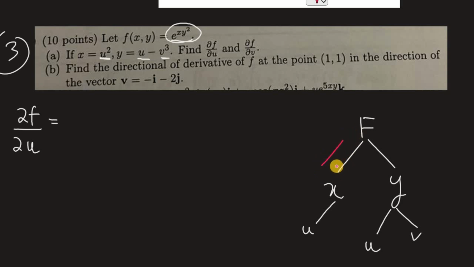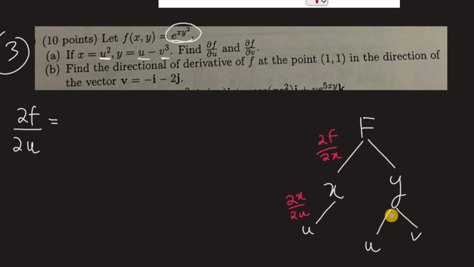We're going to write the partial derivative of f with respect to x in this branch. This top function goes at the top and this bottom function goes at the bottom. Similarly over here, this top function goes at the top and this bottom goes at the bottom. So the partial derivative of f with respect to x and the partial derivative of x with respect to u, going like this.